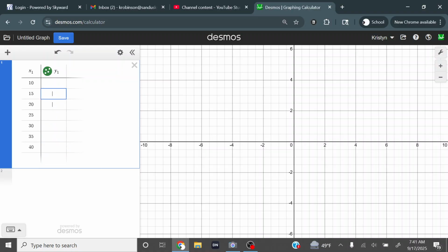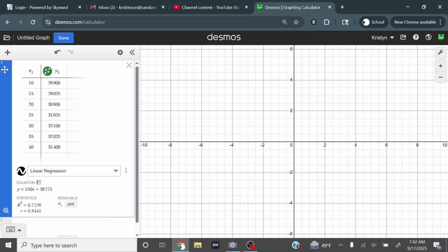And then we enter the y values. 26,900, 29,025, 30,600, 31,625, 32,100, 32,025, 31,400. And then you hit this button right here that says Add Regression.